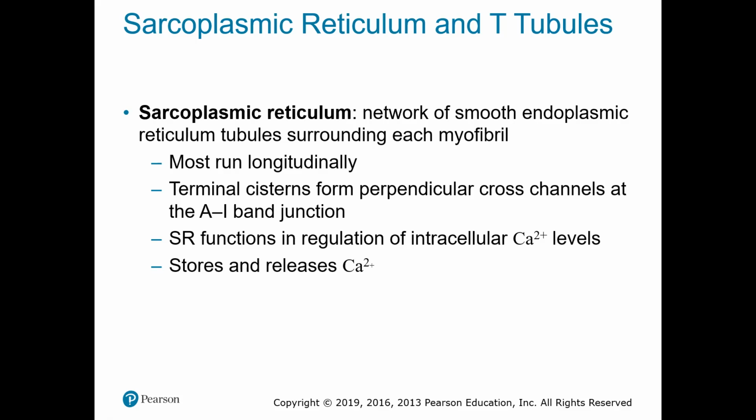Now, at the end of each sarcomere, at the location from the Z line to the Z line, what we have here are cisterns, enlargements of the tubules. Now, a cistern is a storage tank, essentially. You would have a cistern like a rainwater cistern.